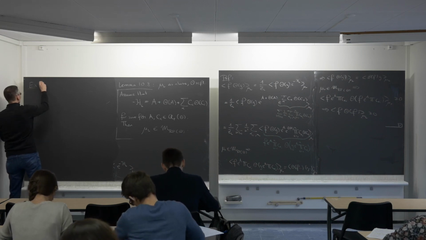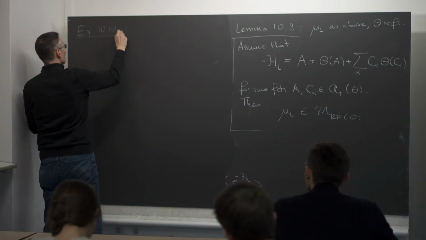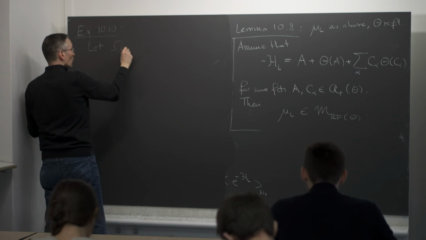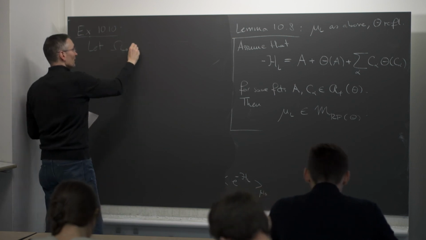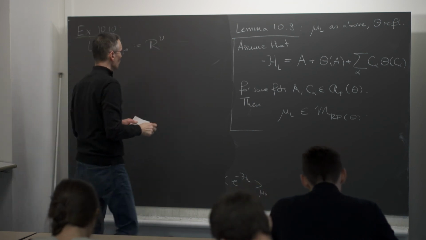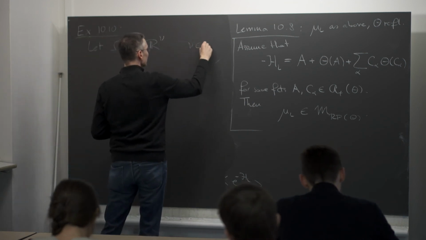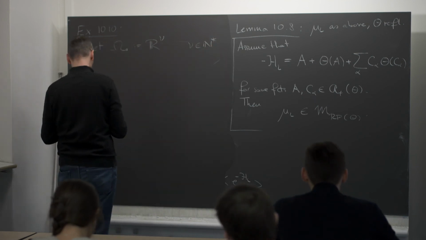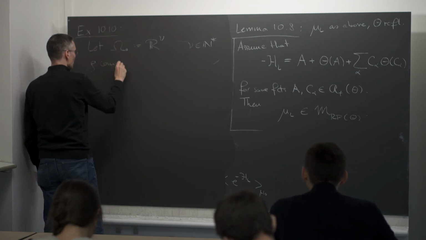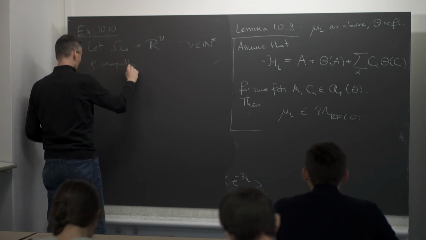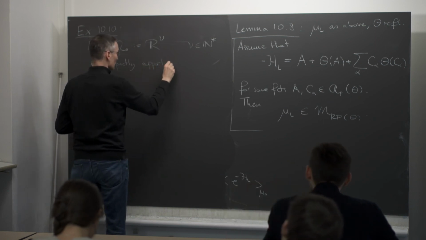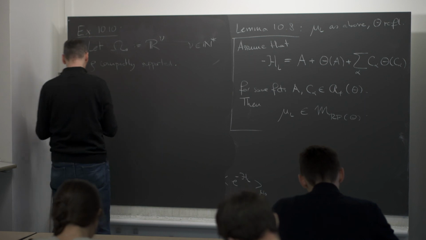put the settings. So it's example 10.10. Here I want to take Ω_0, which is a single spin space. I want to take R^ν for some integer ν strictly positive. I want to take ρ some compactly supported measure on Ω_0 as usual.